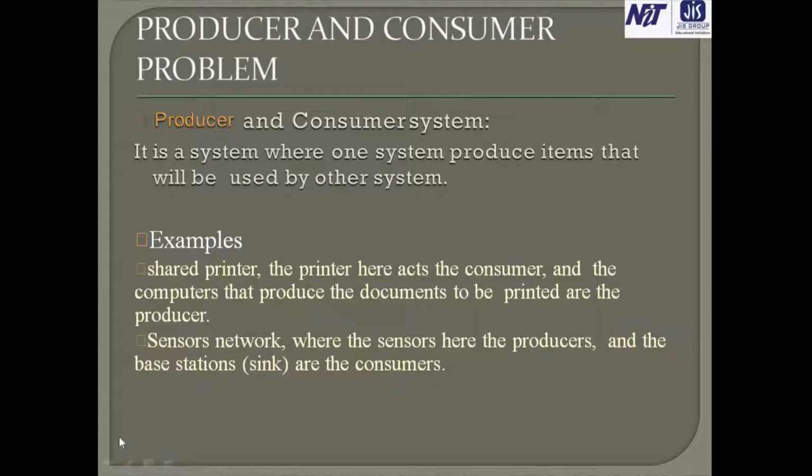For example, consider a shared printer: the printer acts as a consumer, and the computers that produce the documents to be printed on this shared printer are the producers. Or think about a sensor network, where the sensors are the producers and the base station is considered the consumer.